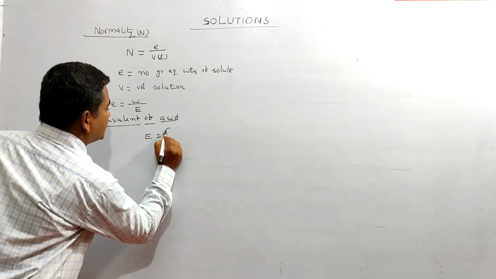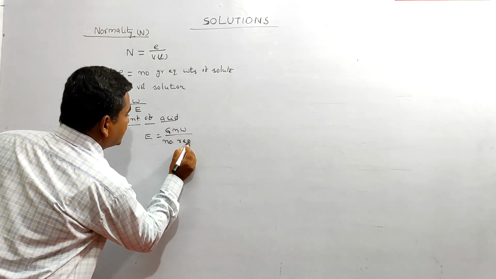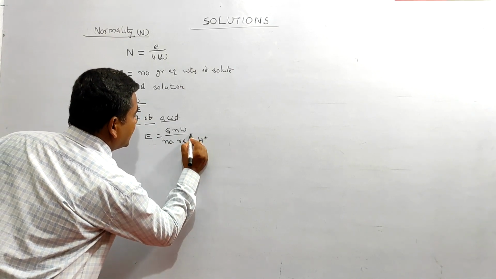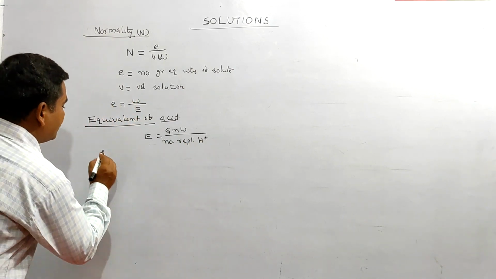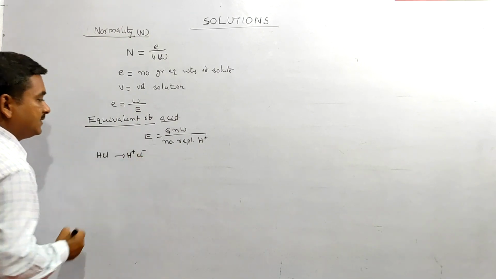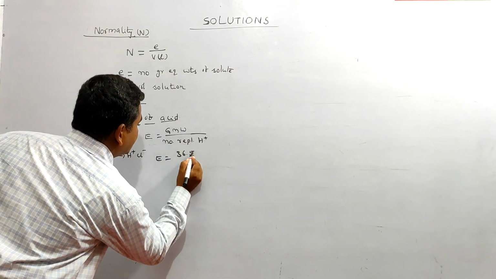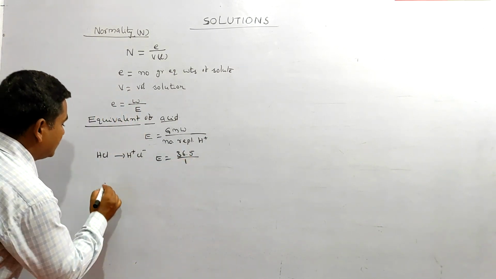E is equal to gram molecular weight of acid by number of replaceable H plus ions. For example, HCl. 1 H plus can be replaced. So E is equal to gram molecular weight by 1.